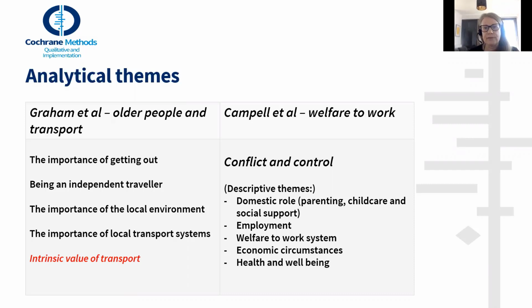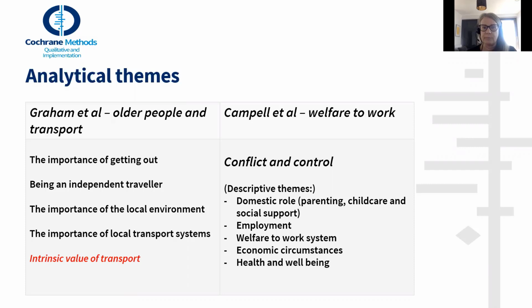In the Campbell et al. review, on welfare to work, they had overarching analytical themes of conflict and control, and they talked us through how each of those played out within their descriptive themes. So, for example, the domestic role was very much in conflict with welfare to work.